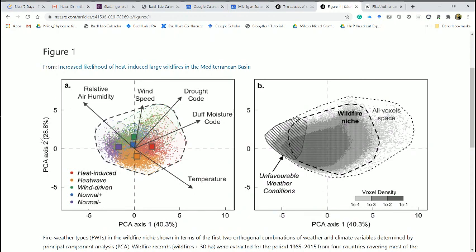So right off the bat, we have some nice principal component analysis plots. These are kind of complicated. I only kind of vaguely understand them.